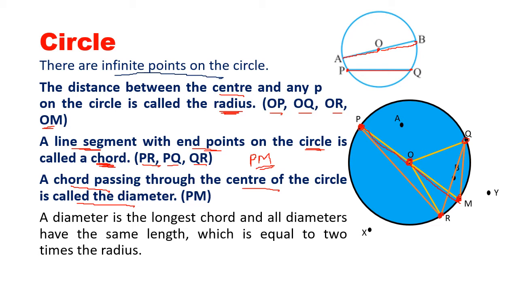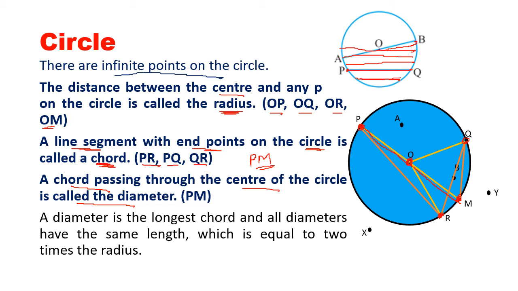So if you draw some chords on the circle, see this is PQ, I draw another chord, say RS, I draw one more chord, I keep on drawing chords. What do you notice here? Have you noticed anything special here? Eventually you will notice something very special. When I draw the chords, you will see this longest chord passes through the center.